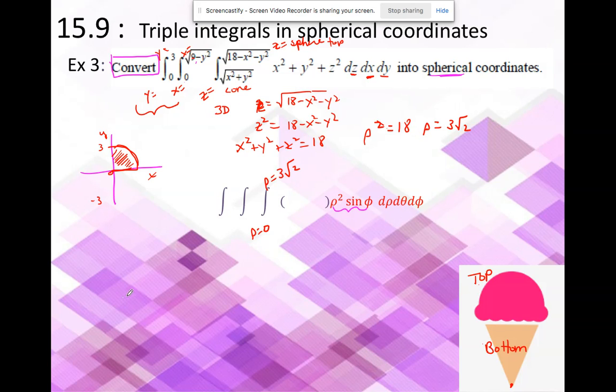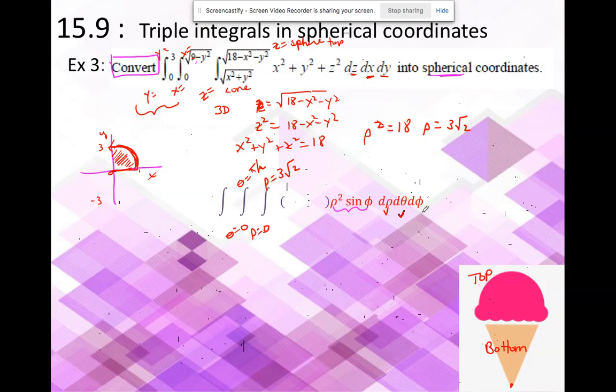So I took care of d rho. What about d theta? What's my theta going from the positive x-axis? How far am I rotating?